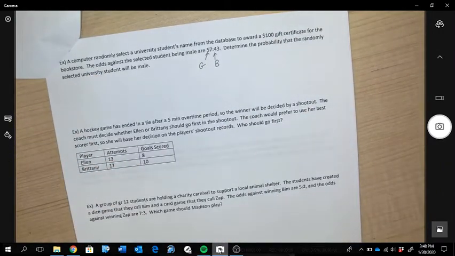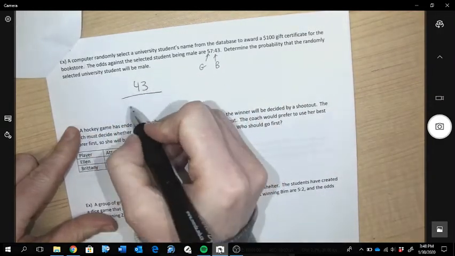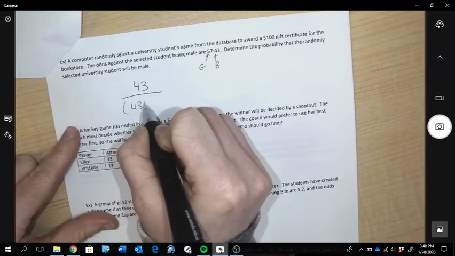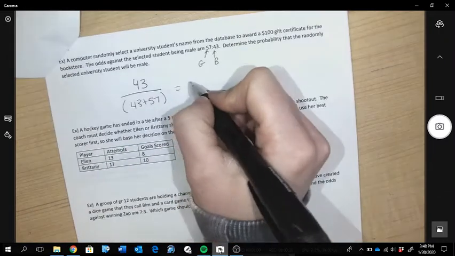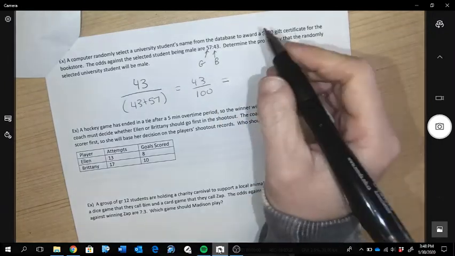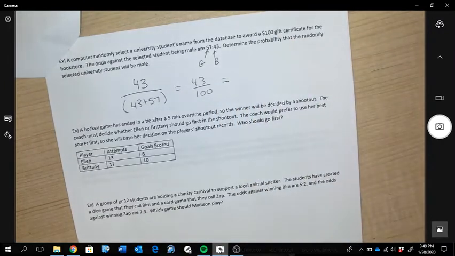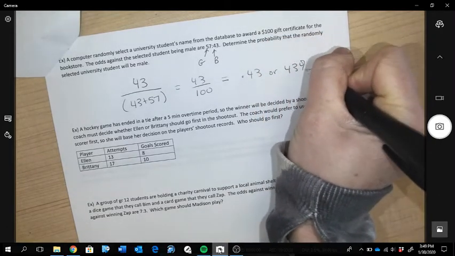So determine the probability that it is male. So 43 males out of, probability is the total options, so the total. So then this would be 43 out of 100. It's a probability, or you can represent probability as decimals as well, or as percents as well.